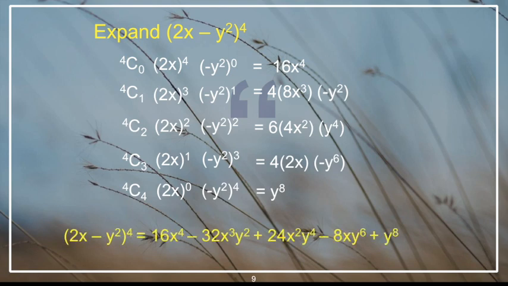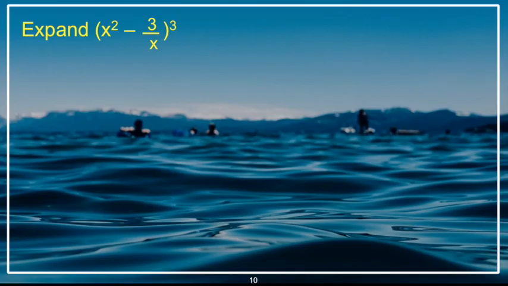The expansion is the sum of those terms, and it will look like this. 4 times 8 times negative becomes negative 32. Then 6 times 4 is 24. 4 times 2 times negative 1 becomes negative 8xy⁶, then plus y⁸.